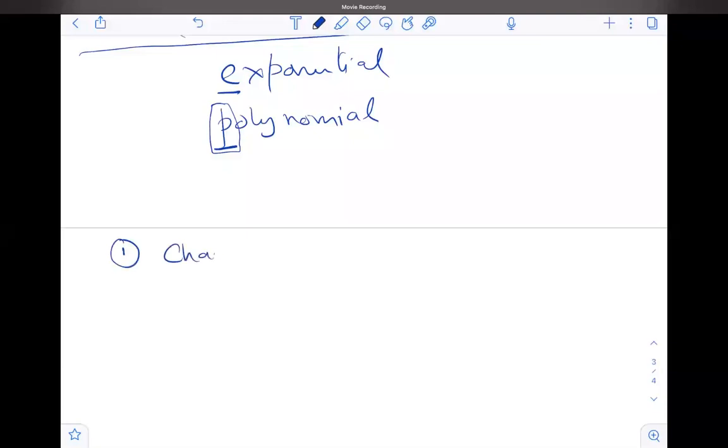One is change P to E. In that case, I should not be worrying about these two things at all. Again, done. These two are done. All I have to change is this polynomial to this part. Good.